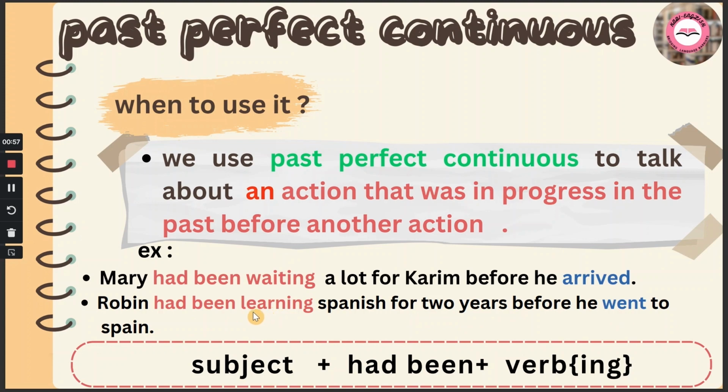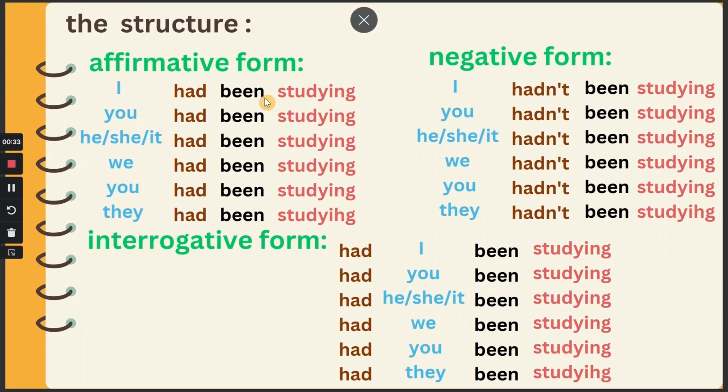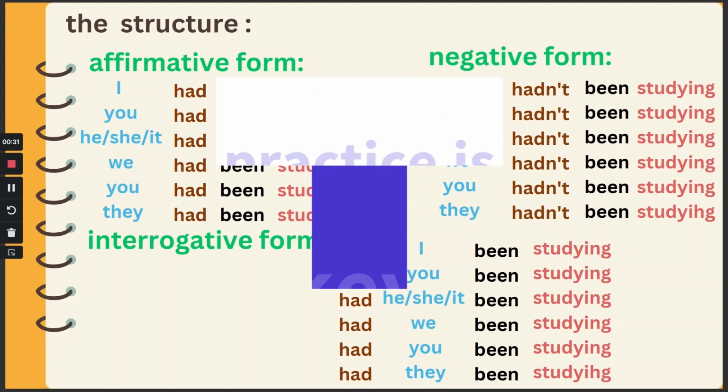So the action of learning took a while, 2 years, before he went to Spain. I hope it's clear to you now what the difference is between past perfect continuous and past perfect. For the structure, we have subject plus had been plus verb ing. And here is a detailed structure, I will let you read it by yourselves.